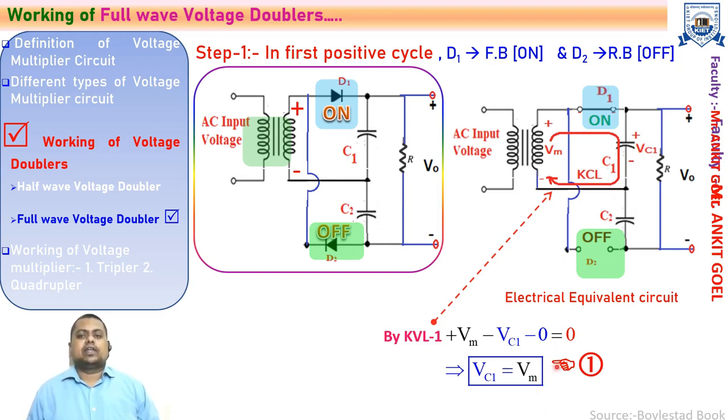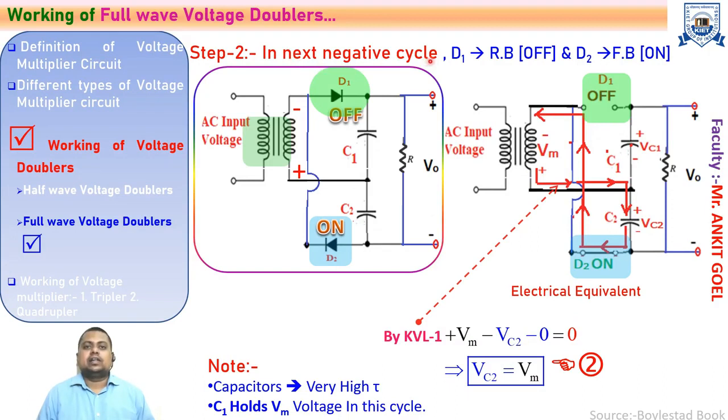next negative half cycle. In the next negative half cycle, as soon as the polarity across the secondary has been reversed, diode D1 will be reverse biased and diode D2 will be forward biased. So just make the electrical equivalent. This diode which is in the off state will be replaced by the open circuit, and this diode D2 will be replaced by the short circuit. Just apply the KVL through the capacitor C2 and D2.